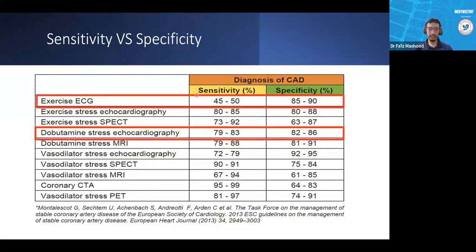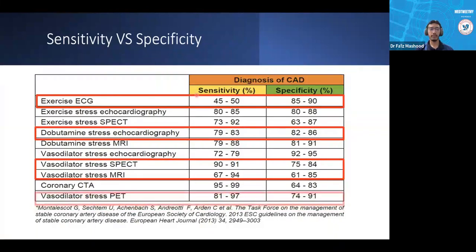Then for DSE, again, the specificity is more or less the same, but more sensitive compared to EST. For nuclear perfusion and MRI perfusion, the specificity ranges from 60 to 85%, and the sensitivity is also considerably quite high. Cardiac MRI and nuclear perfusion detect ischemia at the very early stage, remember the ischemic cascade just now.